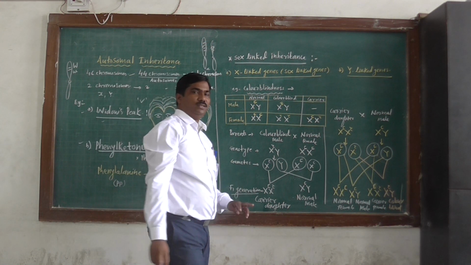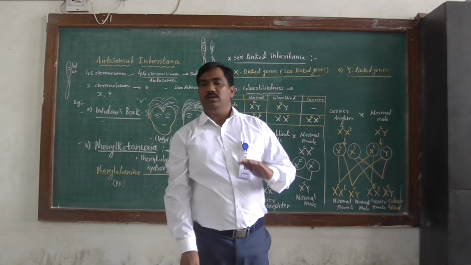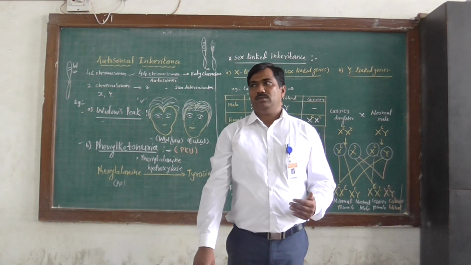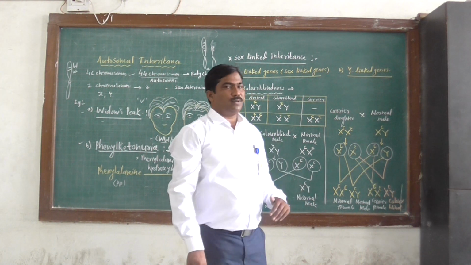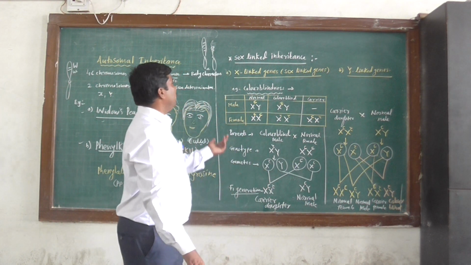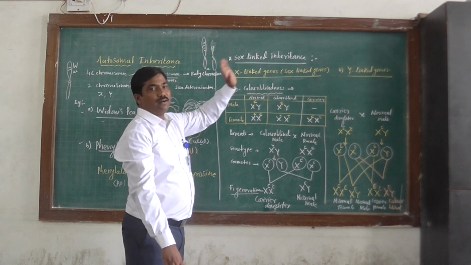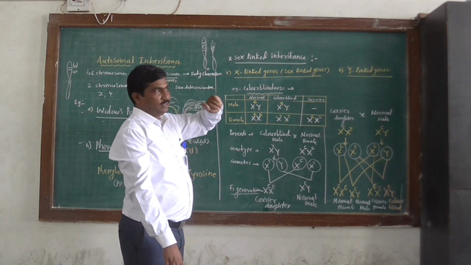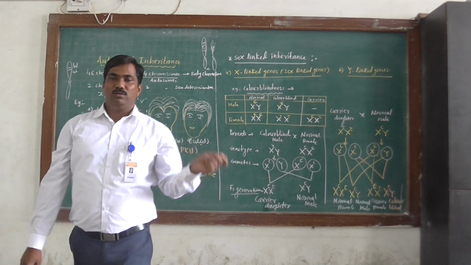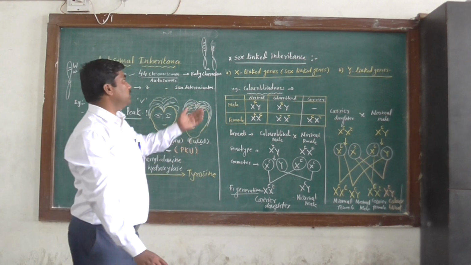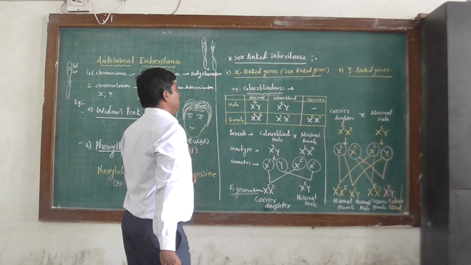These sex linked genes are involved in the transmission of characters from parent to offspring. The transmission of sex linked characters from parent to their offspring is known as sex linked inheritance.